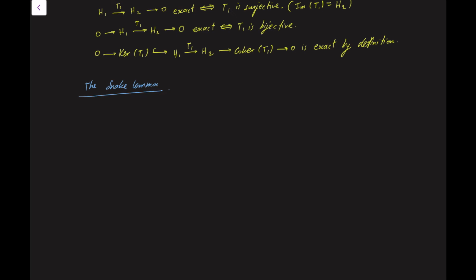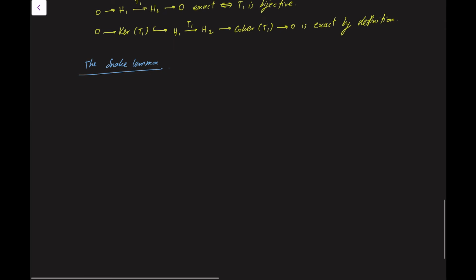So in the snake lemma, we consider the following diagram. It's a diagram of sequences of transformations and vector spaces as such. Could take a while to draw.